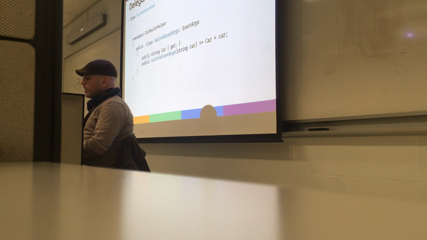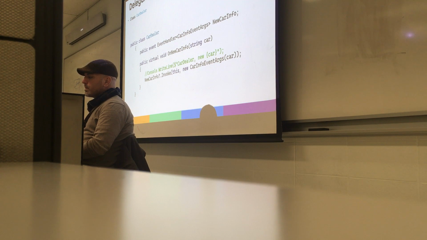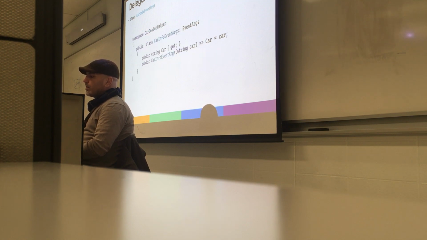So in the second class, this is the subscriber class, CarDealer. Make a custom event handler. Take this object from the CarInfo class. But before making a custom one from this class, you need to inherit from EventArgs.